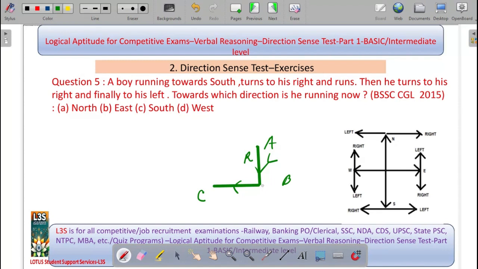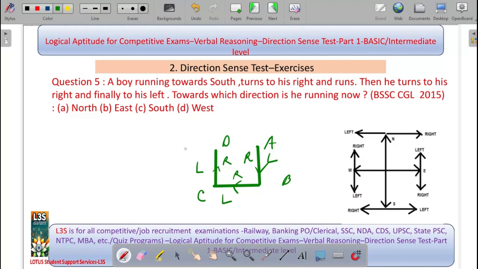Now when he is moving from B to C, his right is this side and left is this side. Then from here he will move again right. He will move like this. When he is moving from C to D, his right will be this side, left will be this side.